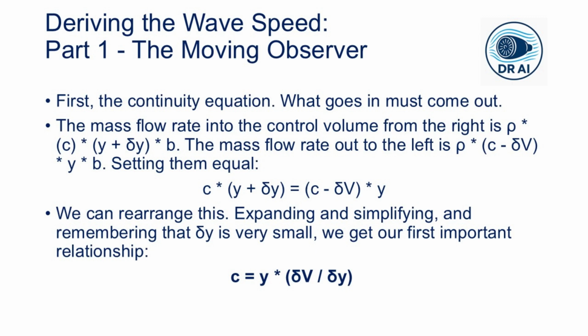So setting them both equal, and we can rearrange them, expanding and simplifying, remembering that delta y is very small, we get our first important relationship, which is given by this equation: c is equal to y multiplied by delta V divided by delta y. So this tells us that the wave speed is proportional to the depth and the ratio of the velocity change to the height change.